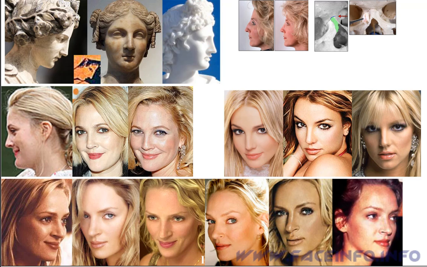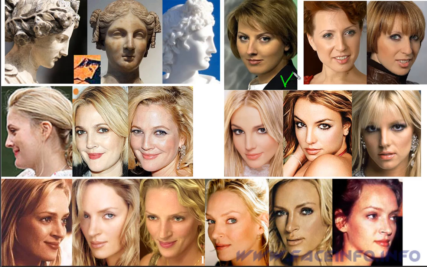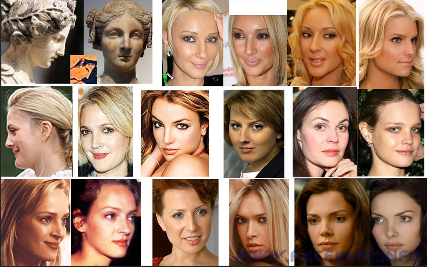The same with Alla Chernyshova and Yana Churikova. Lera Kudryavtseva's nasion is somewhat deeper, and although her nose has a prominent bulge, it cannot be called Greek because her forehead doesn't pass into her nose as a straight line.